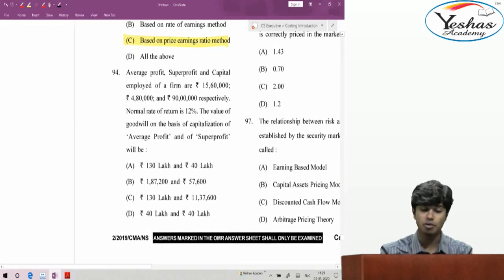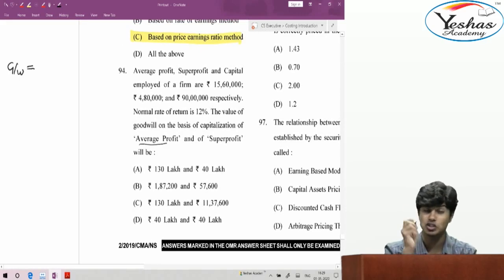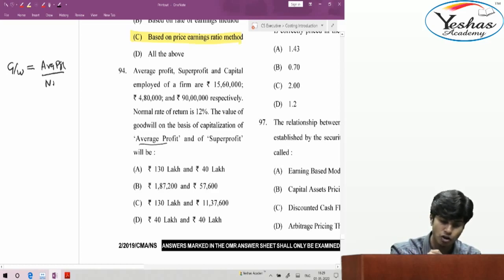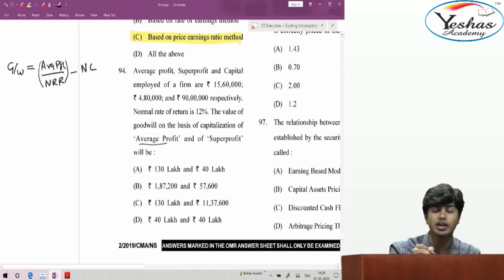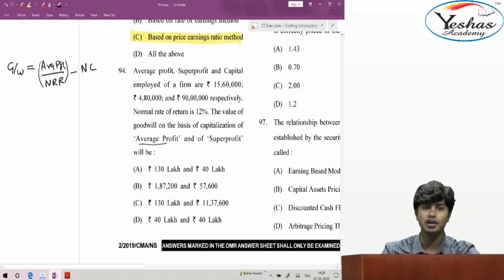Yeah, the formula for goodwill under capitalization of average profit. See, goodwill under capitalization of average profit is not average profit by normal rate of return. It is average profit divided by normal rate of return, minus actual capital. Many of us forget to write this word normal capital. We straight away write average profit divided by normal rate of return is goodwill.